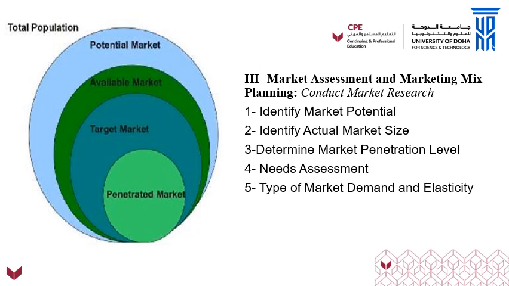First of all, you have to distinguish between what we call the potential market or market potential versus the available market. What is meant by market potential or the potential market? Here we're talking about all possible buyers who have the willingness to buy a product. Now, if you ask people, how willing are they to drive a Ferrari, to own a Ferrari?